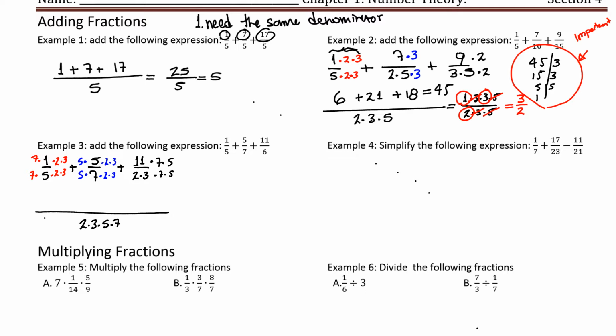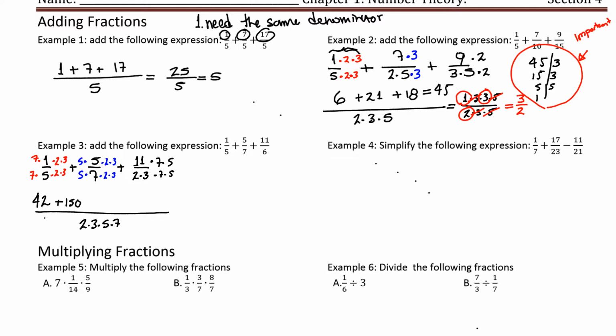in case we need to cancel out later on. Now, on the next one we have 7 times 1 is 7, times 2 is 14, times 3 is 42. On the second one we have 25, 5 times 5 is 25, times 2, 50, times 3, 150.